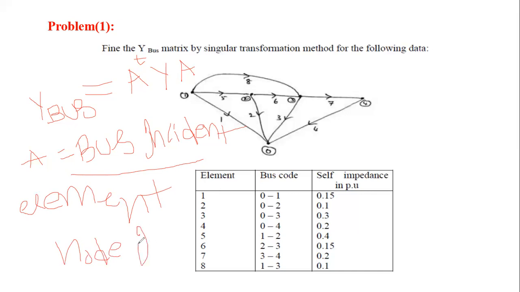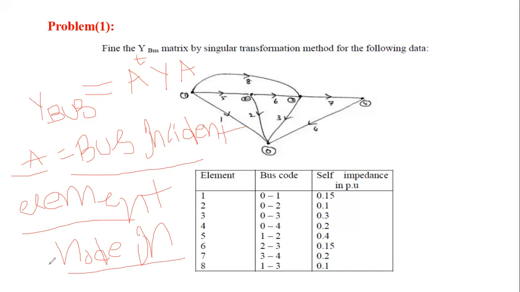The procedure is that we remove the reference node in the element node incidence matrix, and then we obtain the A bus matrix.